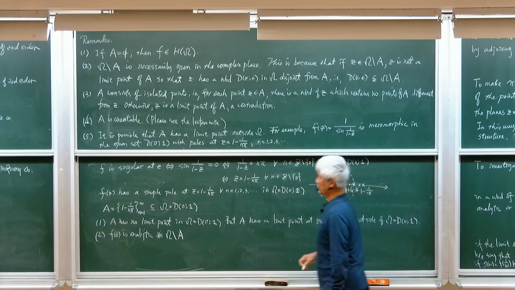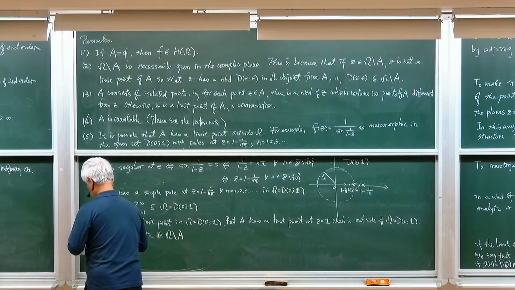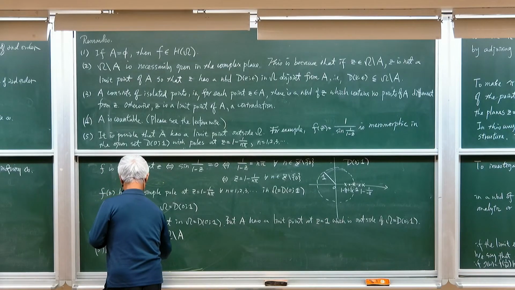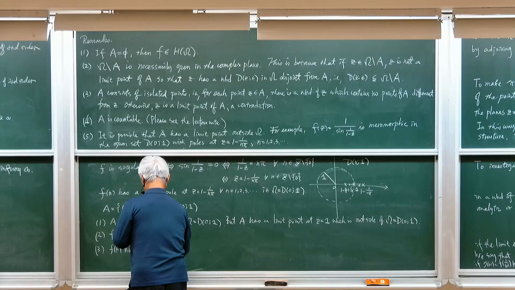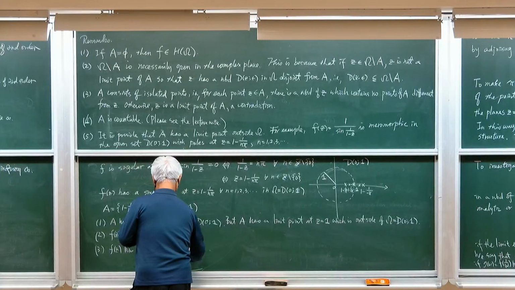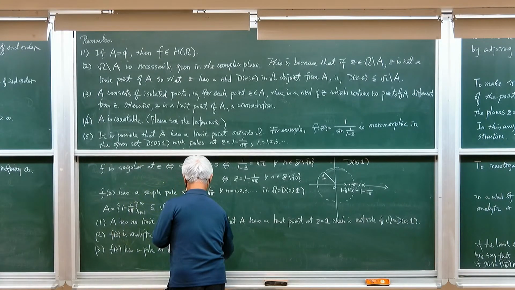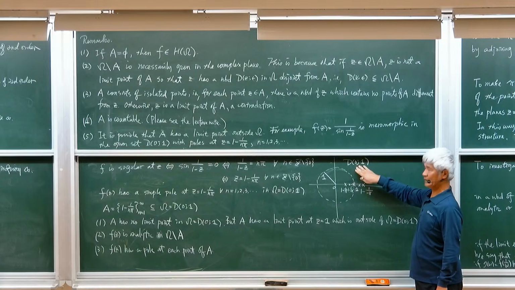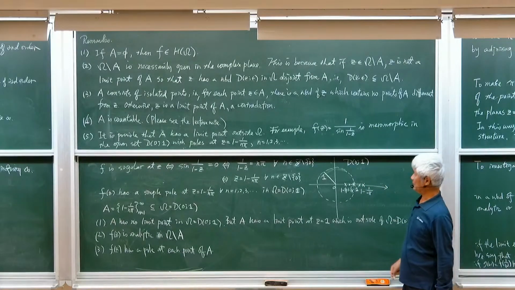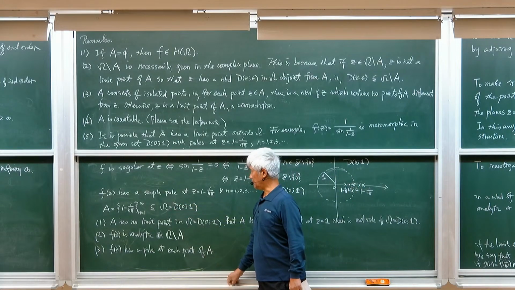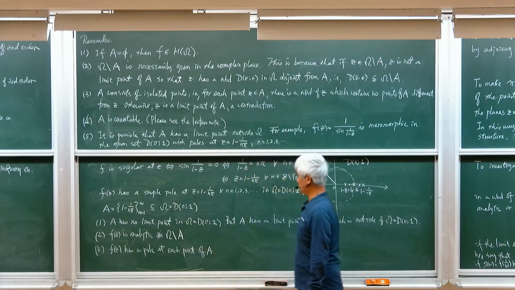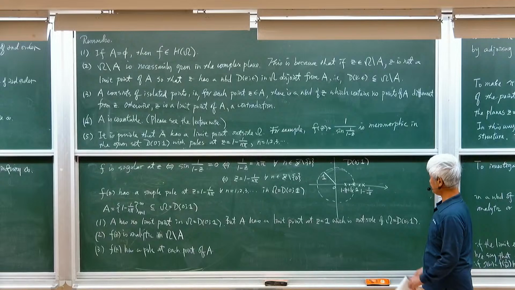And third, f of z has a pole at each point of A. Of course, the function has poles outside of the omega in this example, but we just confine ourselves to the open disk D, which is the open unit disk.